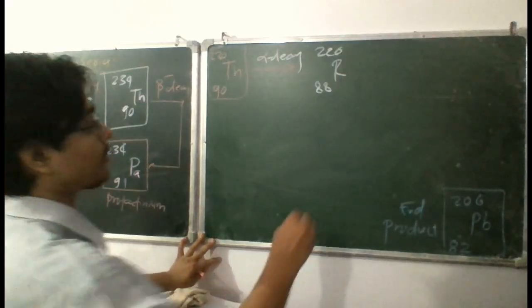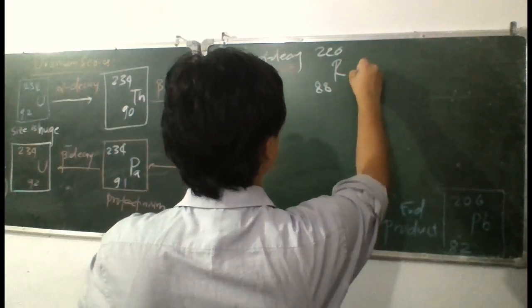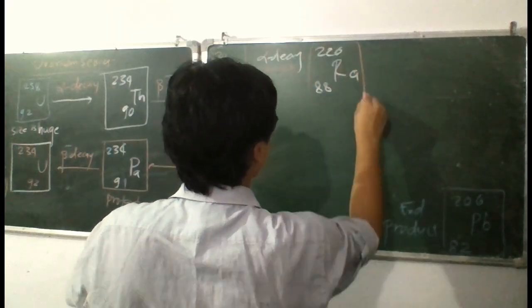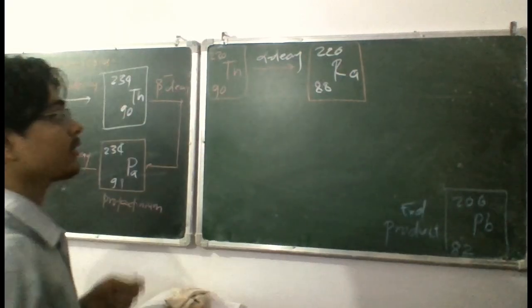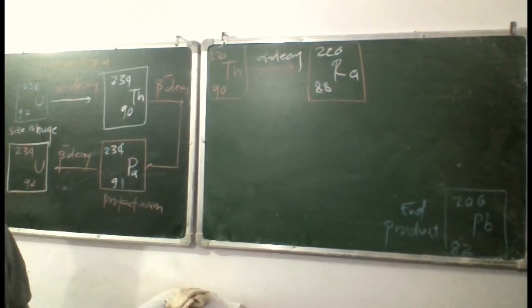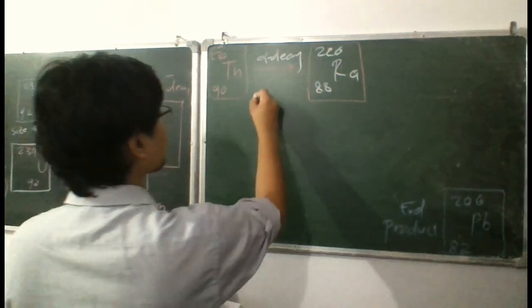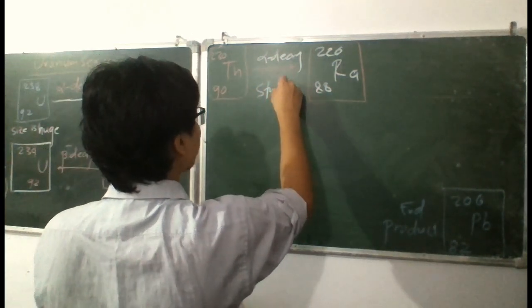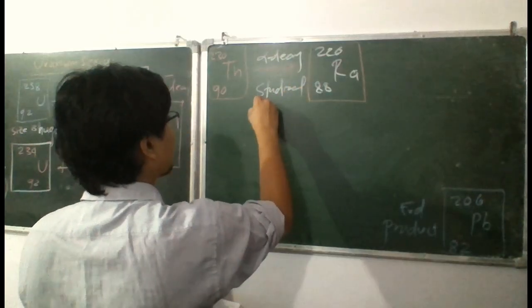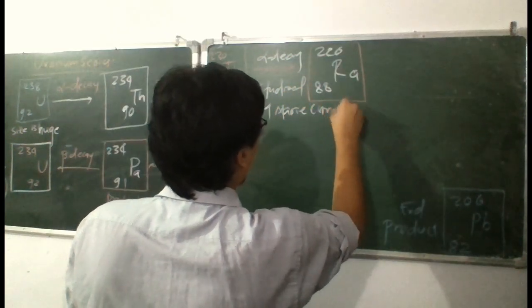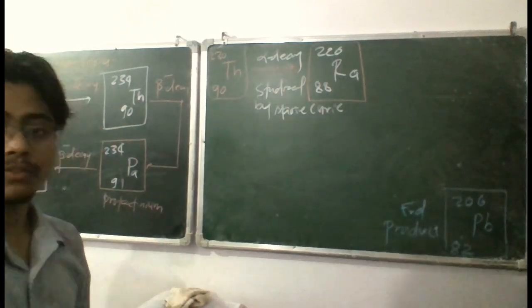So we would get radium 226, and this is a very famous reaction, studied famously by the very famous scientist Marie Curie. Okay, that's the fact.